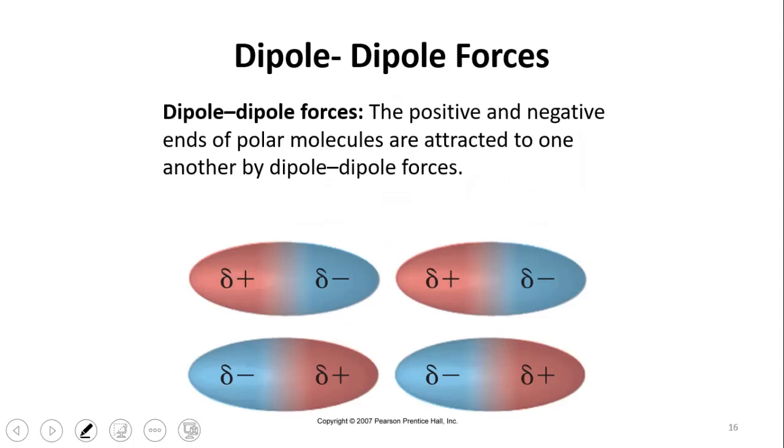This is the type of force that we call dipole-dipole force. Again, it is a weak force when you compare it to the covalent bonds that are holding the molecules together intramolecularly. But in terms of the interaction with other molecules, it's a relatively weak force. But again, remember that in a sample of a substance, you have zillions of molecules, and all of these interactions are going to add up.